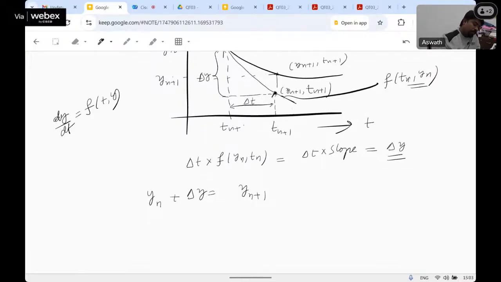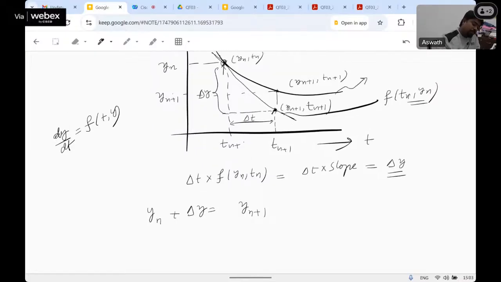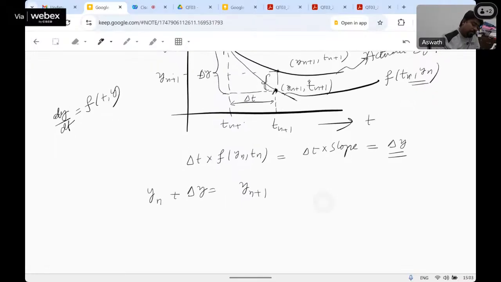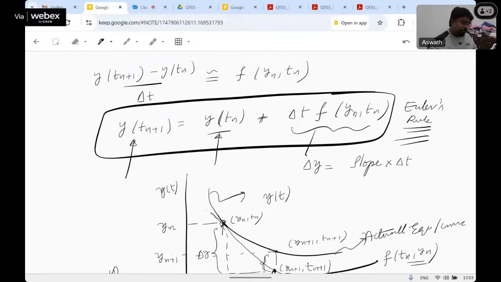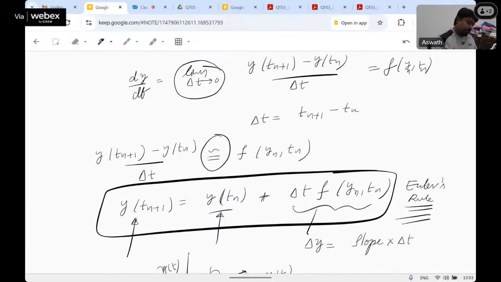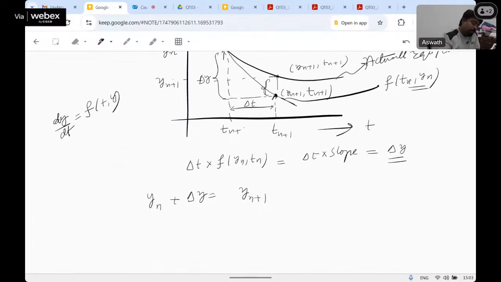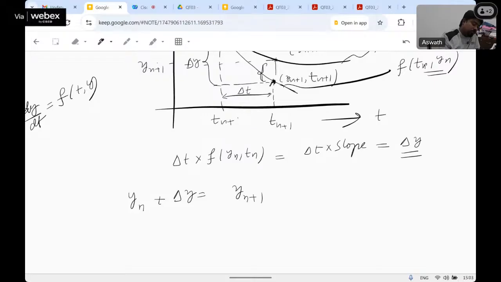But by the way, this is the actual curve, while the solution I found from Euler's rule is here. So there is an error. That error is because I am approximating something here, and I'm multiplying the slope with a step size that is so large.